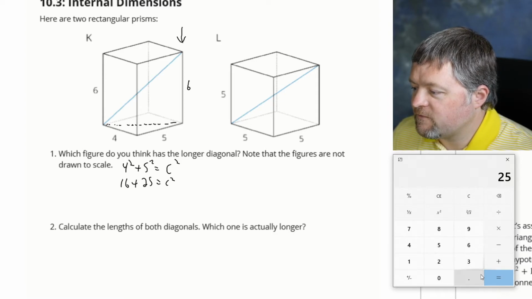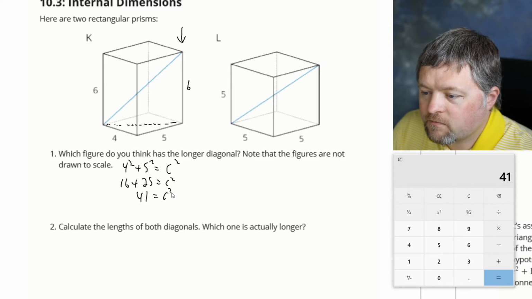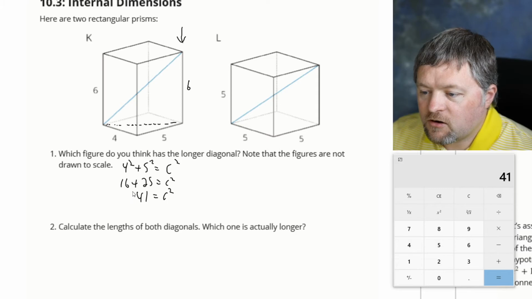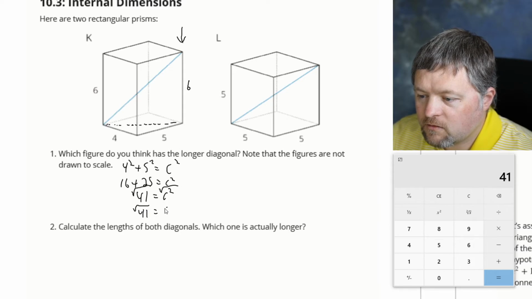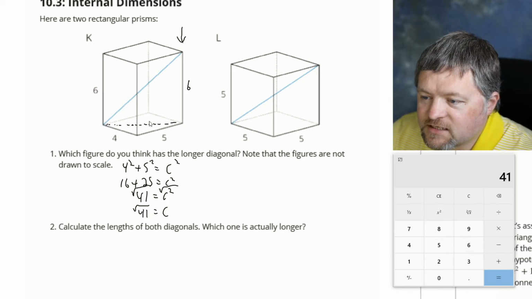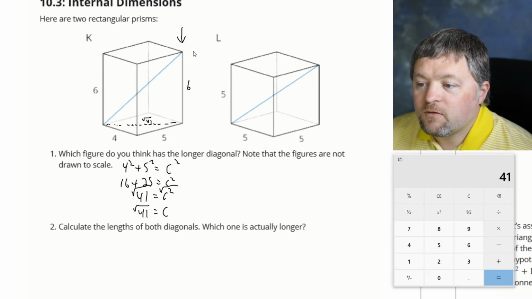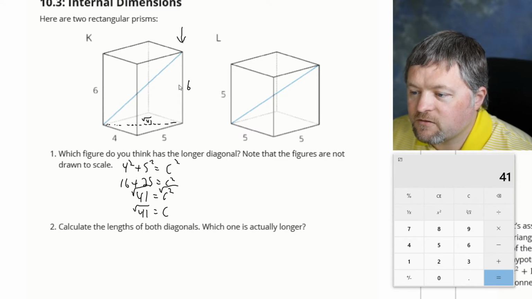16 plus 25 is 41. So the square root of 41 is c. So this length here is the square root of 41. Ooh, well, now we need to figure out this diagonal here. We know this side and we know this side.